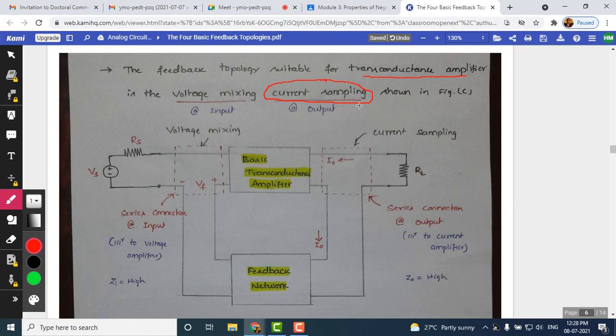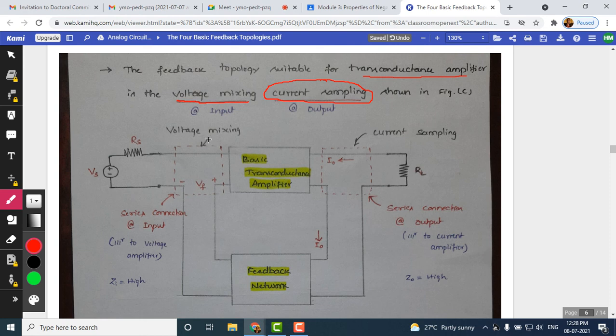When I say current sampling, we have seen already in the current amplifier, right? It has to happen in a series manner, as you are seeing here. And look at here, the input signal for the transconductance amplifier is voltage signal, and here we need to do voltage mixing. When I say voltage mixing, refer to the voltage amplifier, where we have seen how to do voltage mixing. That has to be done in series fashion, as you can see here.